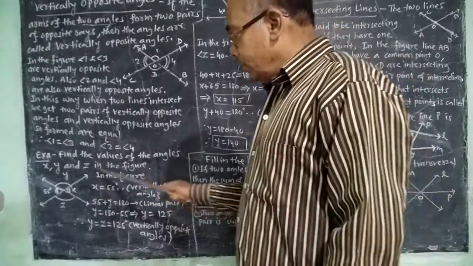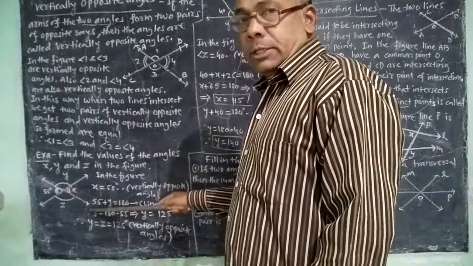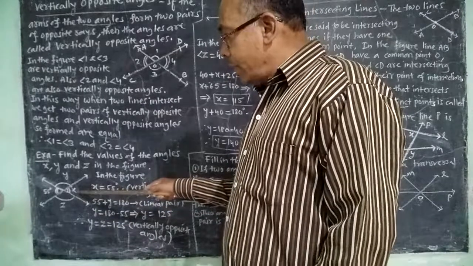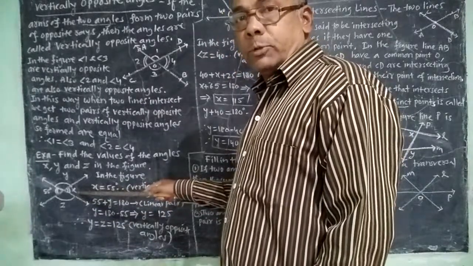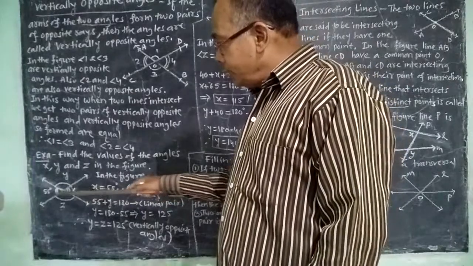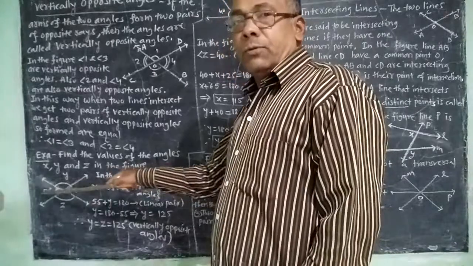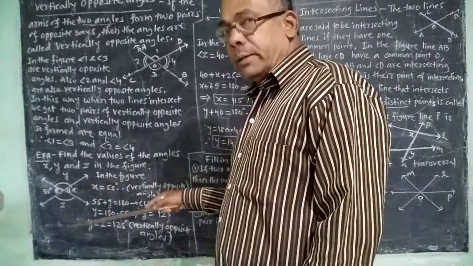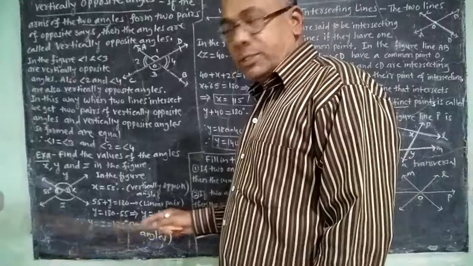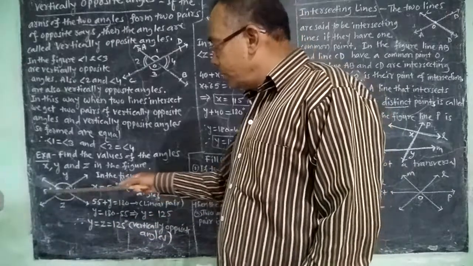Here, if the two lines are intersecting, then we get two pairs of vertically opposite angles. Here x and 55 are vertically opposite angles, and we know that vertically opposite angles are always equal, and therefore x is equal to 55.